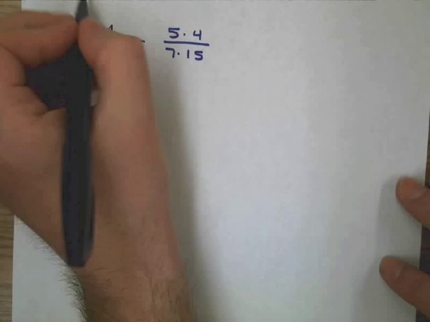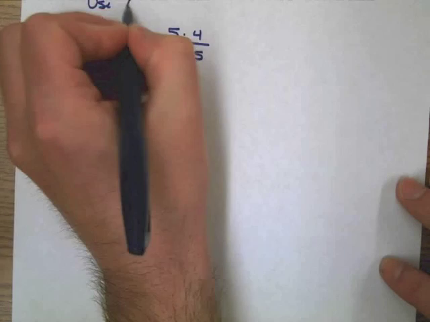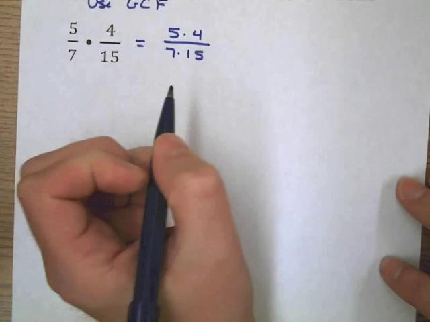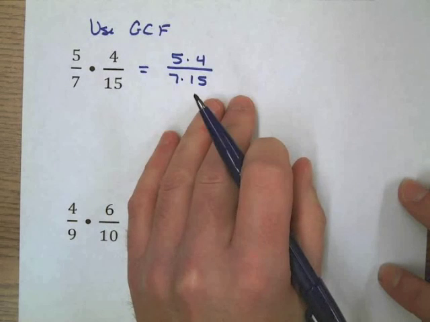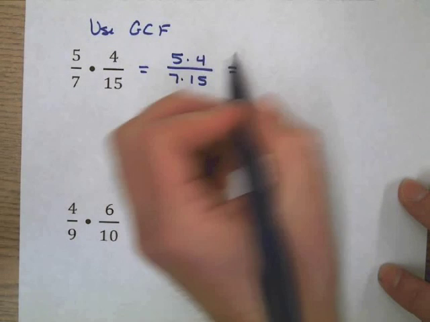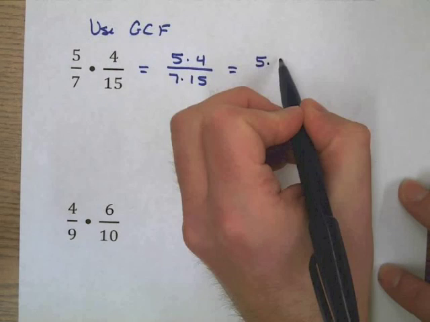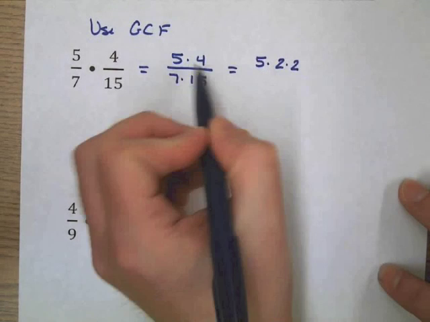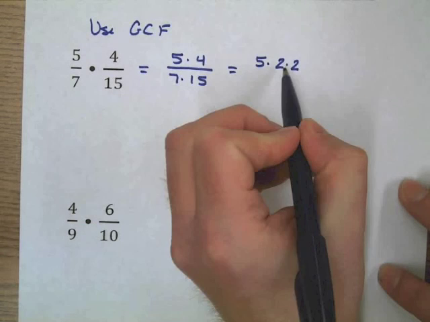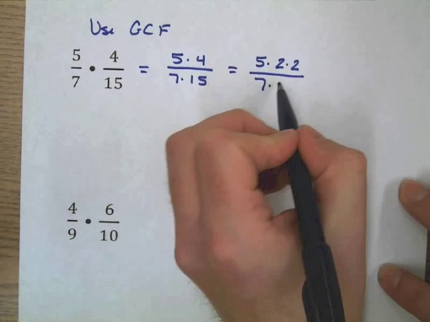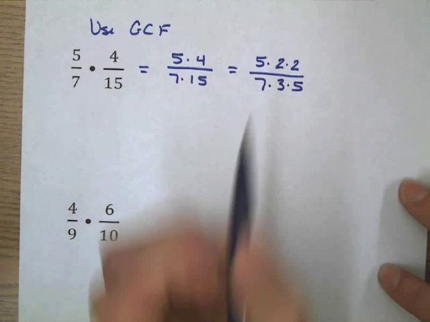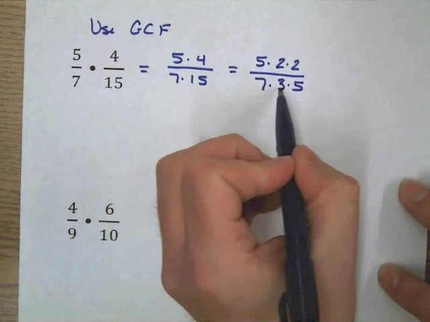And so I can also use the greatest common factor to help me simplify this before I actually get to the final solution. So I'm going to think of this as 5 times 2 times 2. So I broke my 4 into factors, 2 times 2. And 7 times 3 and 5. So 15 became 3 times 5.